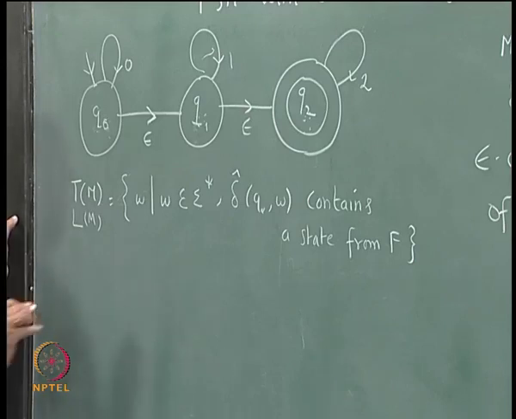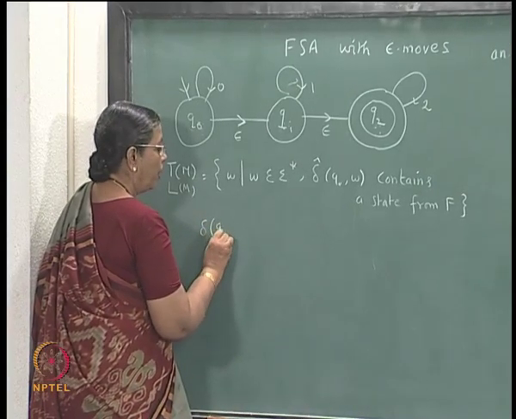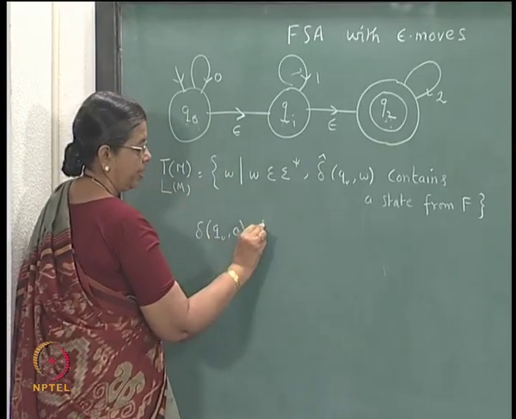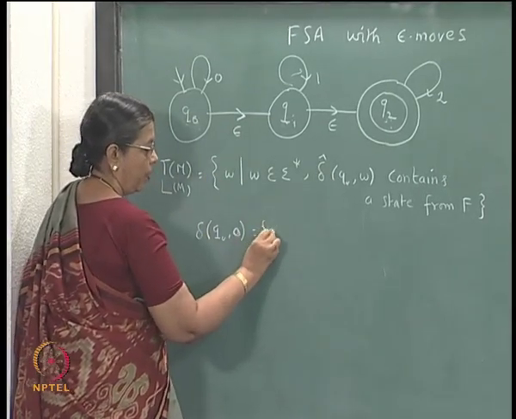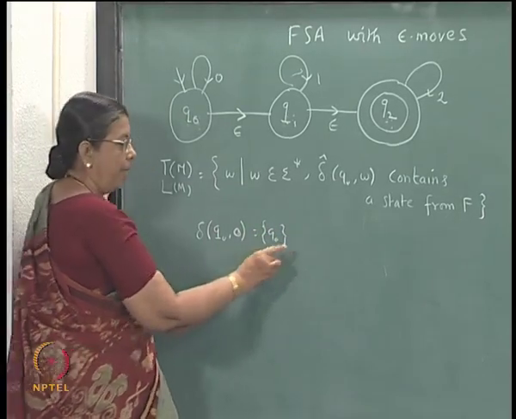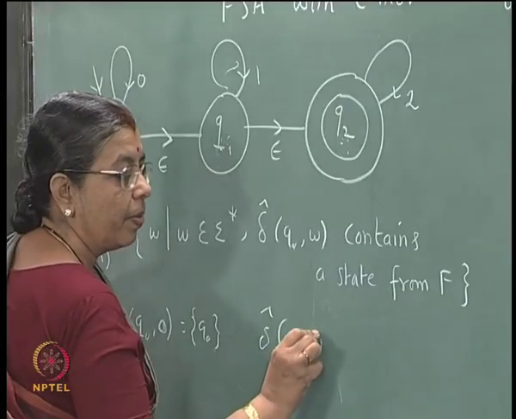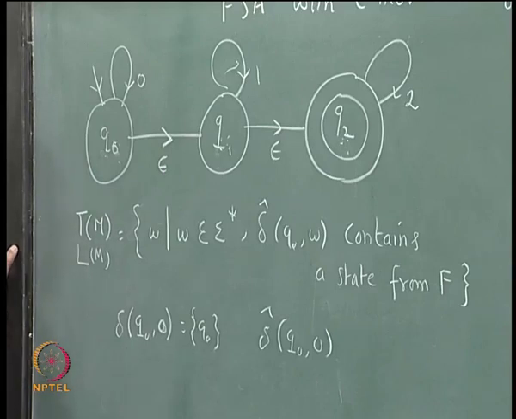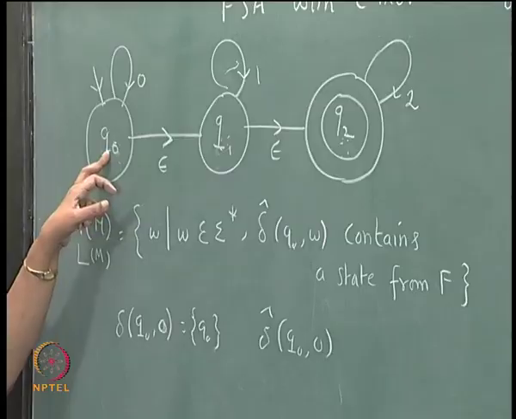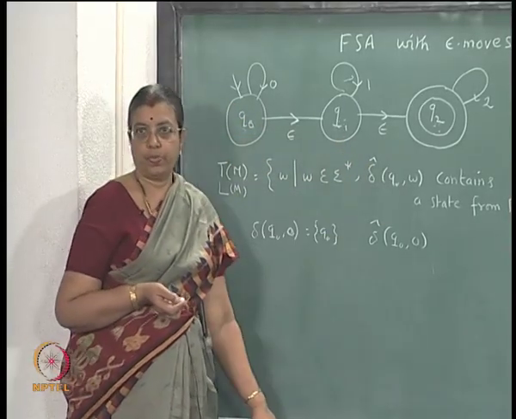Okay. Now, you see that, for example, delta of Q naught, 0 in this example is Q naught. But what is delta cap of Q naught, 0? Starting from Q naught, what are the possible states you can reach after reading a 0? You can reach Q naught, you can reach Q1, you can reach Q2.